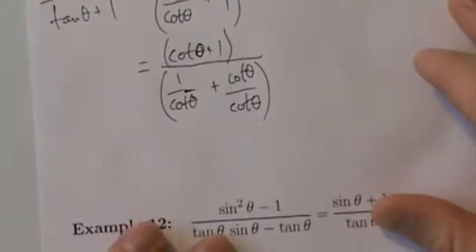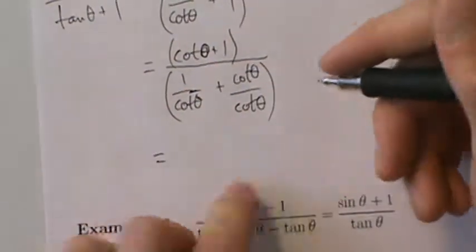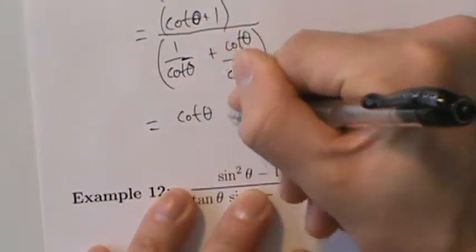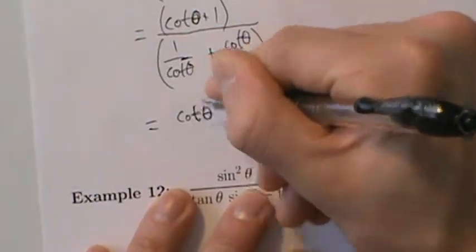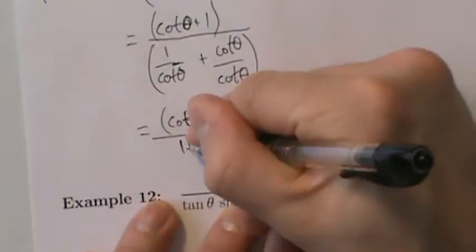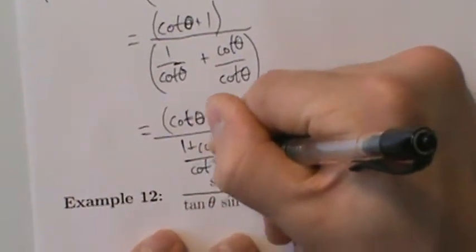Okay, so we still got that going on. On the top, top is still the same. On the bottom we have a common denominator now, so let's squish it all together. On the top is cotangent of theta plus 1. Then on the bottom, if we squish everything together, we have 1 plus cotangent of theta, all divided by cotangent of theta.